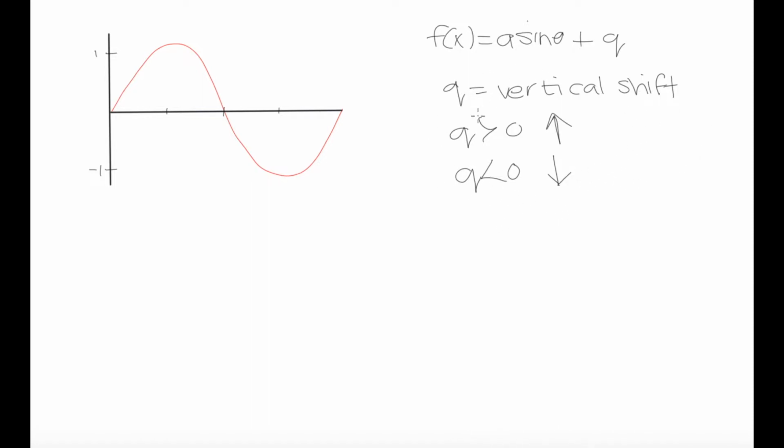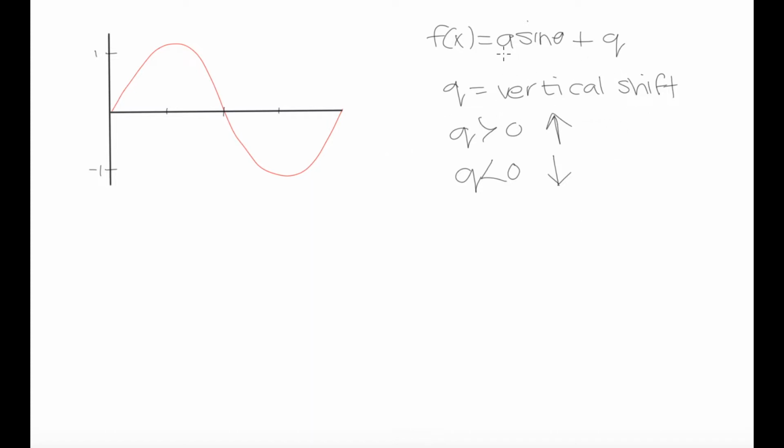This is the same trend that we saw when we were dealing with exponential and hyperbolic functions. We found that q was often representative of our vertical shift, and this is no different. Our value of q is going to shift this curve upwards or downwards on this plane, depending on what our value of q is. So our q is our vertical shift.